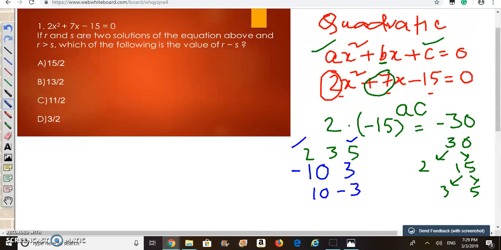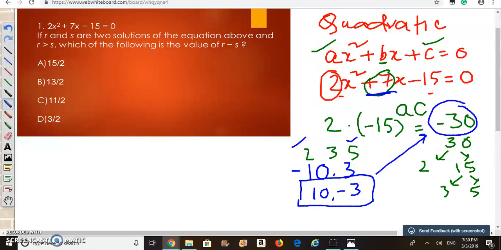In either case, if we multiply these two numbers, it will become negative 30. But also we will have to keep in mind that when added, they need to be positive 7. So we can know here that we will have to choose 10 and negative 3 because when multiplied it becomes negative 30 and when added it becomes positive 7.